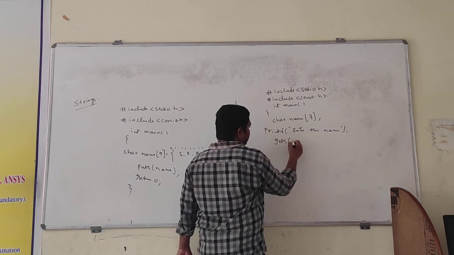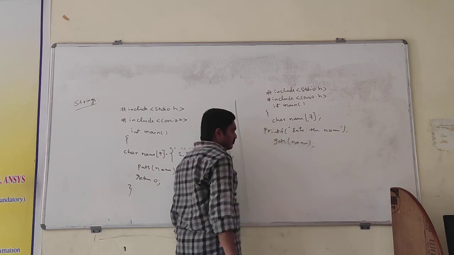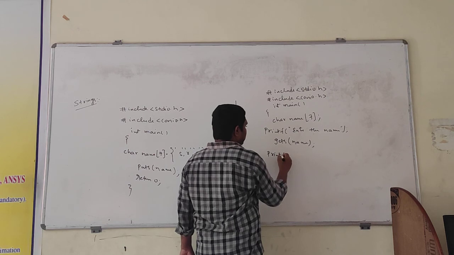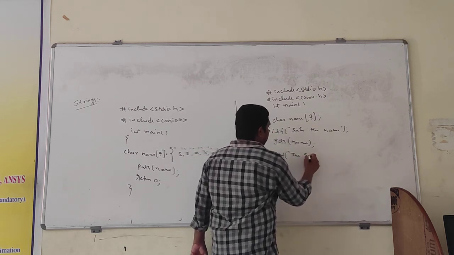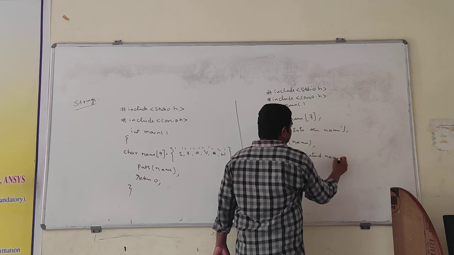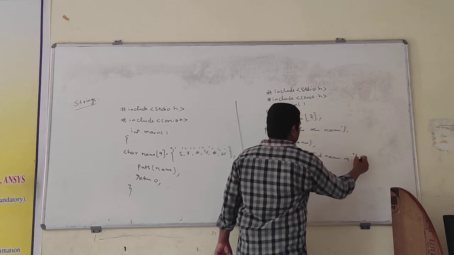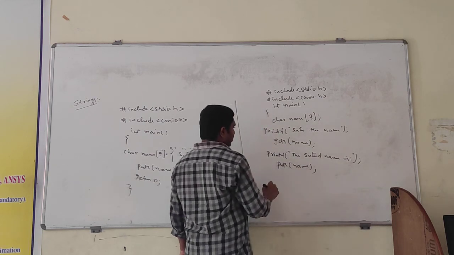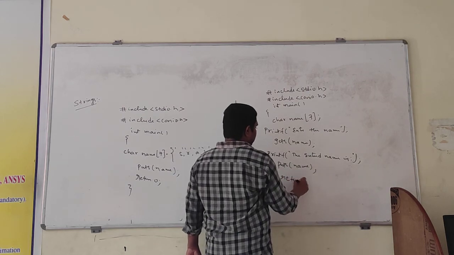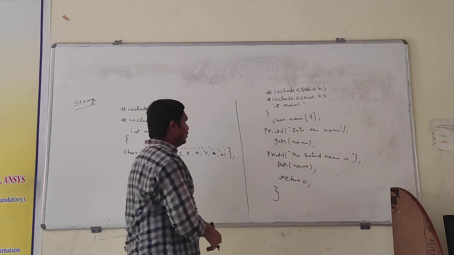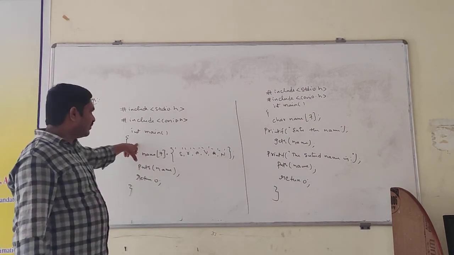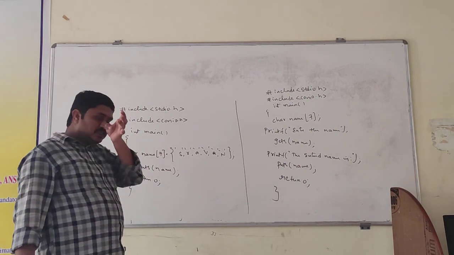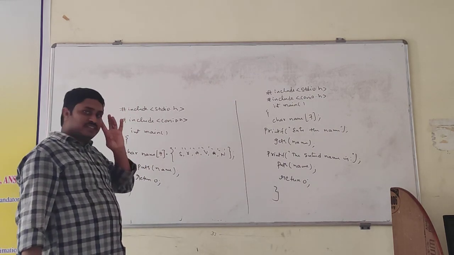Instead of scanf, I am using gets(name). After taking the name, I want to print it. printf the entered name is, puts(name). Finally, return 0. This is at the time of declaration. This is after the declaration. In this way, we can use strings in the C language.